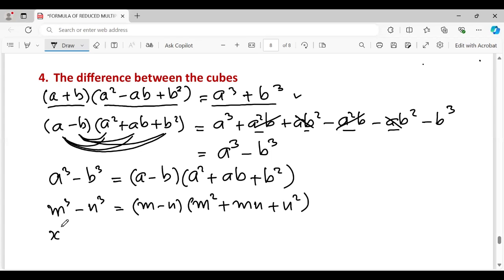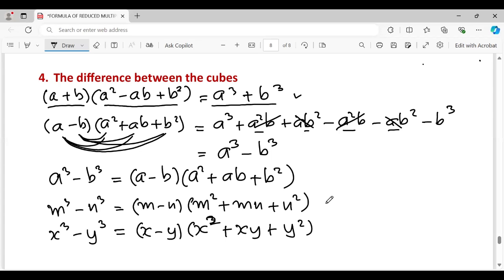How about if x cube minus y cube? You can write it as (x minus y) multiply (x squared plus xy plus y squared).